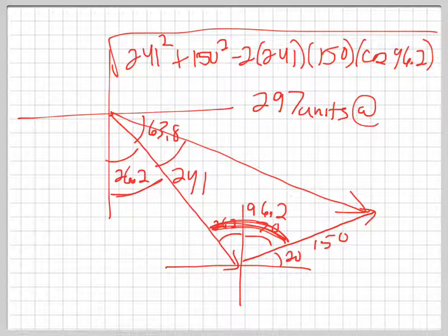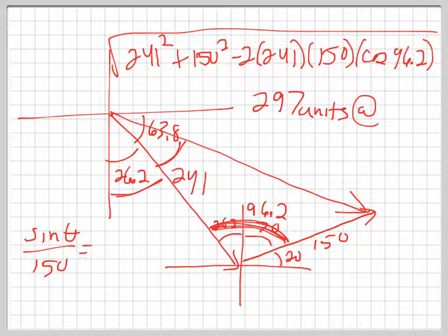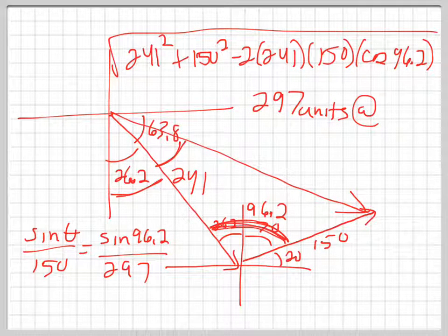So I'm going to figure out this angle over here. Sine of that angle over the opposite side, 150, would equal the sine of 96.2 over 297. So sine of 96.2 times 150 divided by 297, inverse sine. This angle in here in the middle is 30.1.